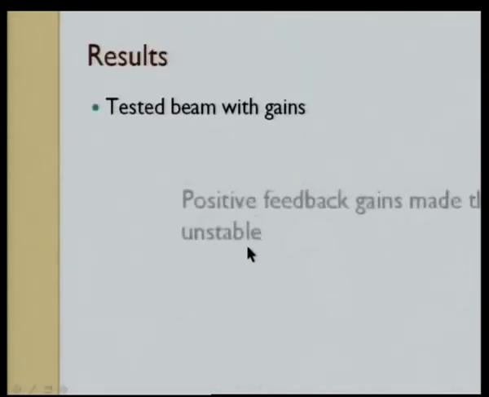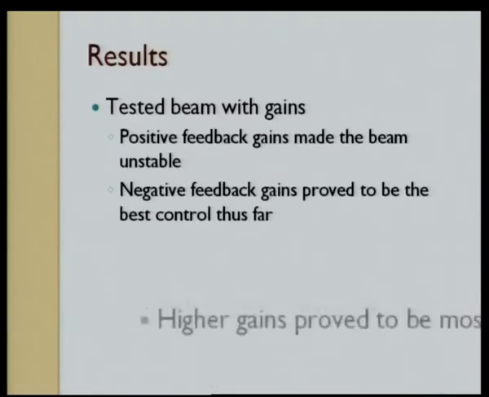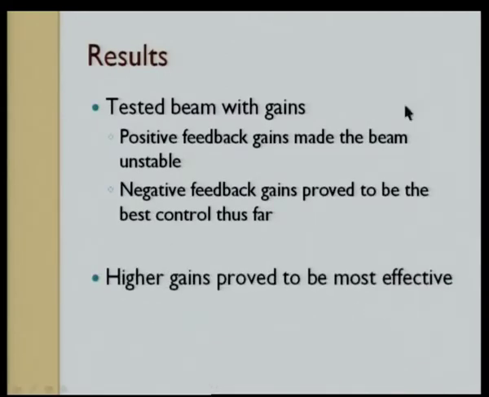So, let us look at some of the results here. What we have found is that when the beam was tested with various gains, the positive feedback gains made the beam unstable. The positive feedback, because of the omega n square, is trying to put the poles onto the right hand side of the S plane, which we said is very bad for the stability of the control system.